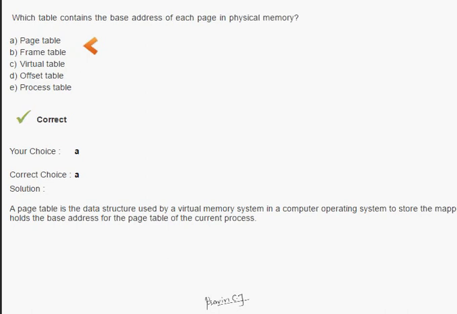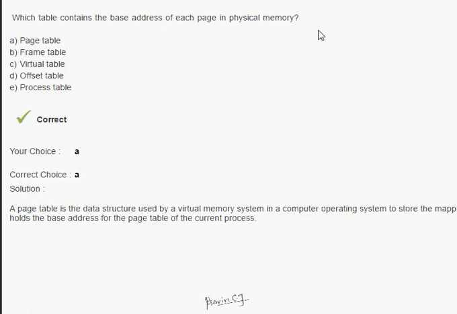The next question is, which table contains the base address of each page in physical memory? Most important question, as far as IBPS SO IT or any other exam is concerned. The table that contains the base address of each page in physical memory is the page table. Remember, page table is the answer.